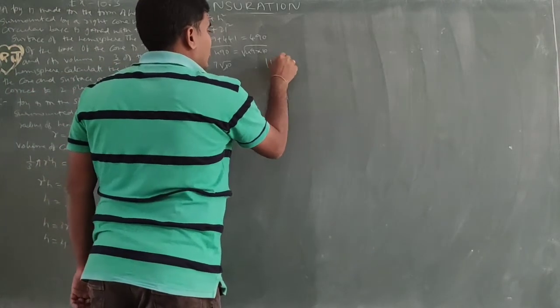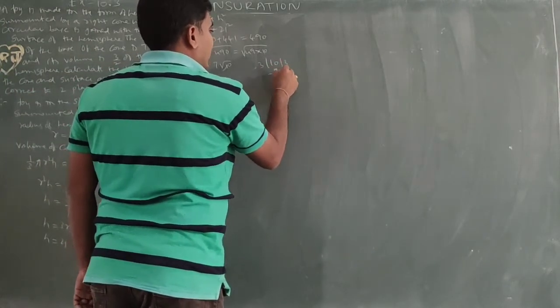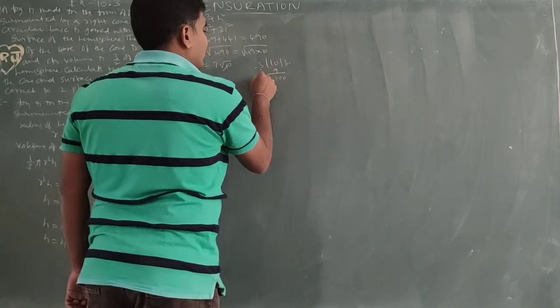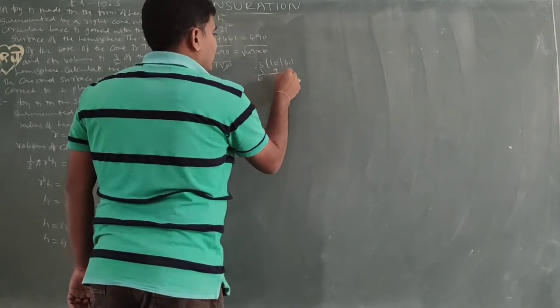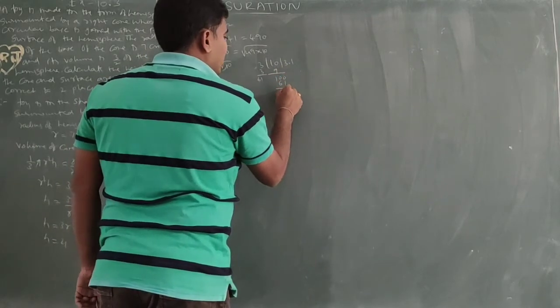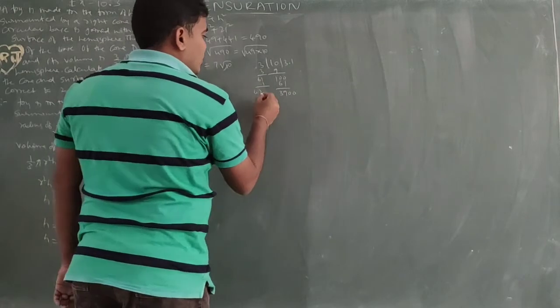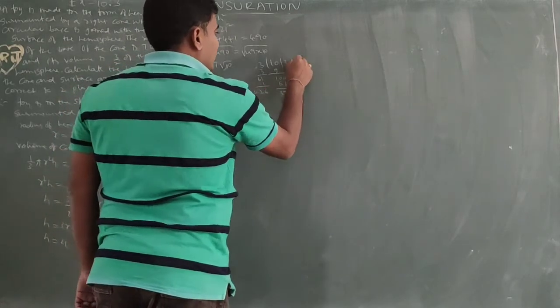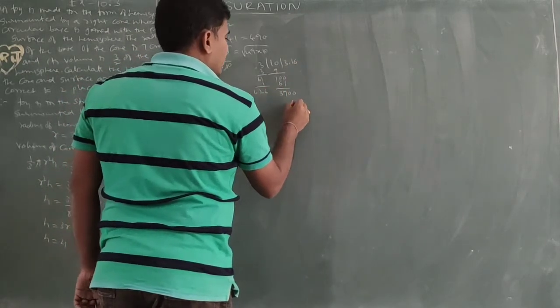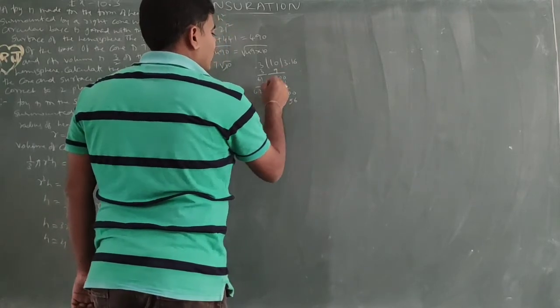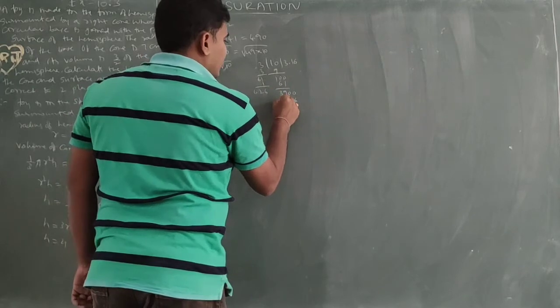Root 10: 3 into 3 is 9, 1 remaining. So 3 9 6 1, 61 into 1 is 61, 39 2 zeros, 1 62. So next 6, 26 into 6 into 6 is 36, 37.